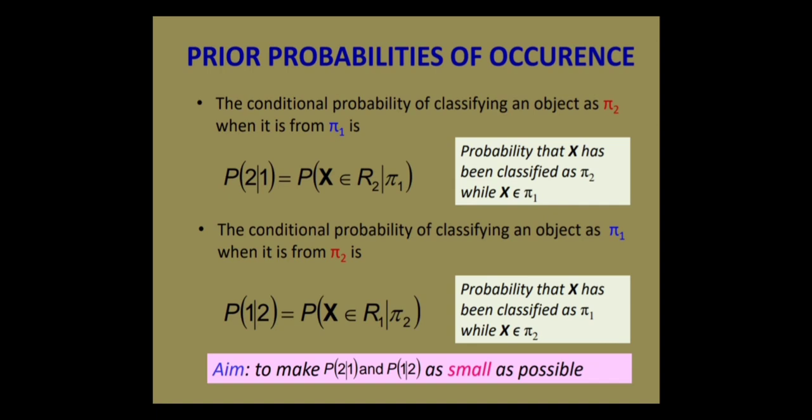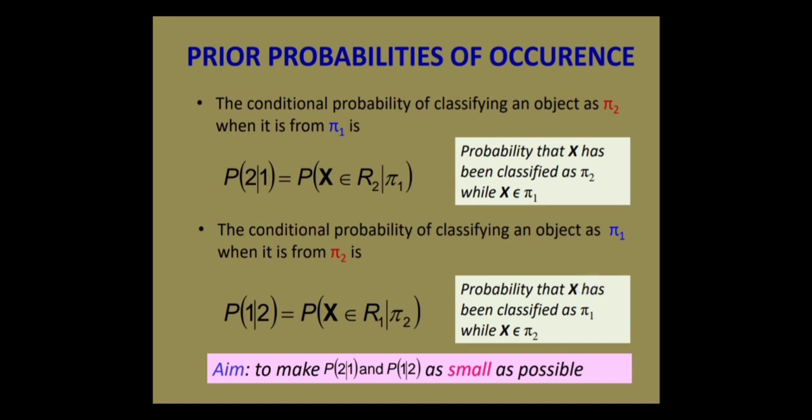P1 given 2 is the probability that X has been classified as population 1, while actually it is from population 2. Also, our aim, we want this probability to be as small as possible.